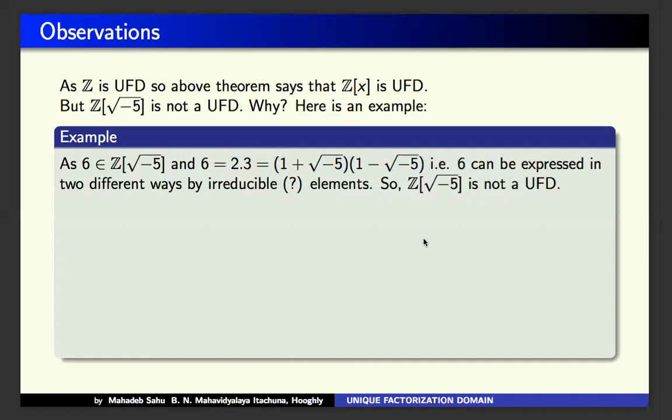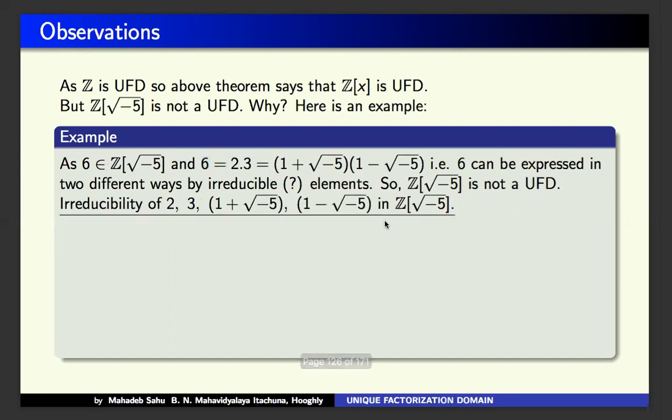So in Z[root minus 5] we get an element 6 which has two different factorizations, so it has no unique factorization. Therefore Z[root minus 5] cannot be a unique factorization domain.